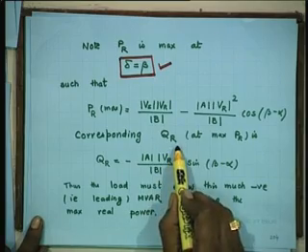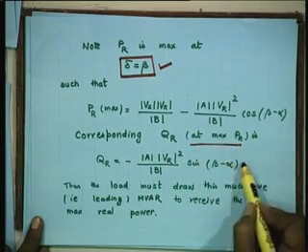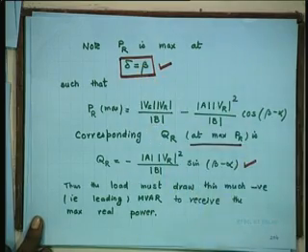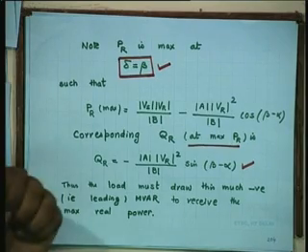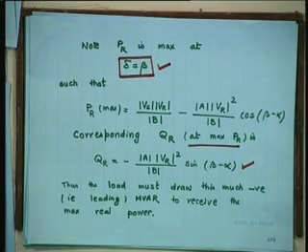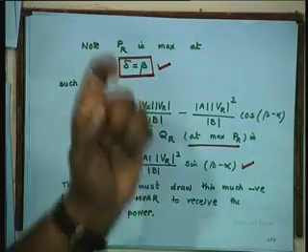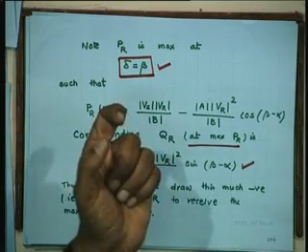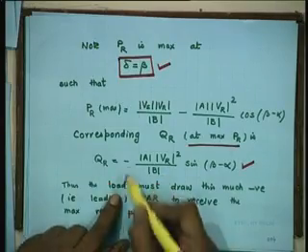Corresponding QR at maximum PR is this, because you can use the same condition here; if real power changes, reactive power also changes. They are co-travelers. He is sitting on the pillion, so he can't go in the opposite direction. He has to be with the driver. So, QR is this value, and notice this sign.